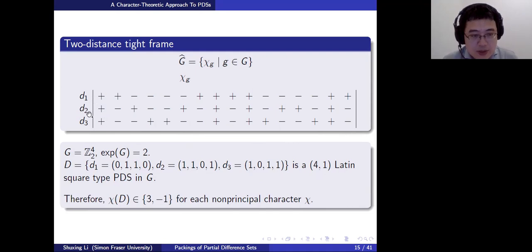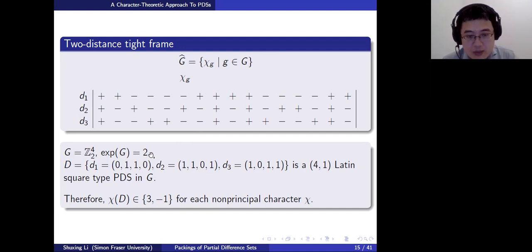We label the 3 rows using the 3 subset elements. We label the 16 columns using the 16 characters defined on G. And the entry inside the matrix is just the corresponding character applied to the corresponding group element. So for example, in this column, I can easily read off chi_G of D1 is -1, chi_G of D2 is +1, chi_G of D3 is -1.